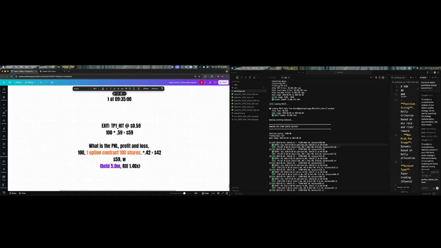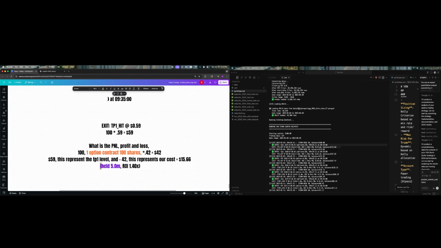This represents the TP1 level, minus the 42, which represents our cost. So now we just made $15.66.